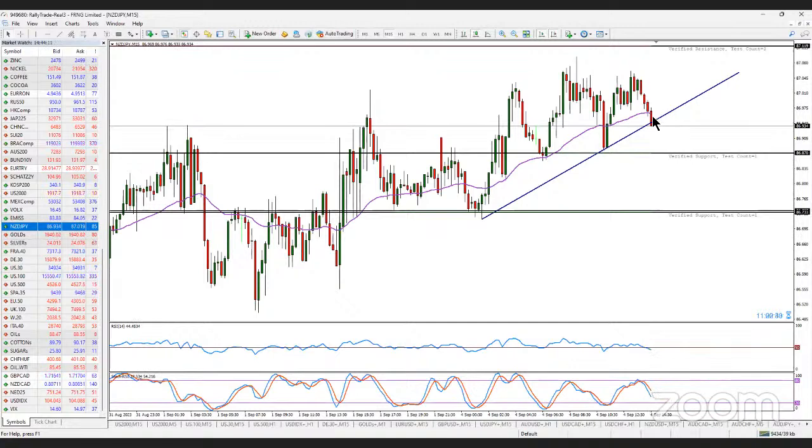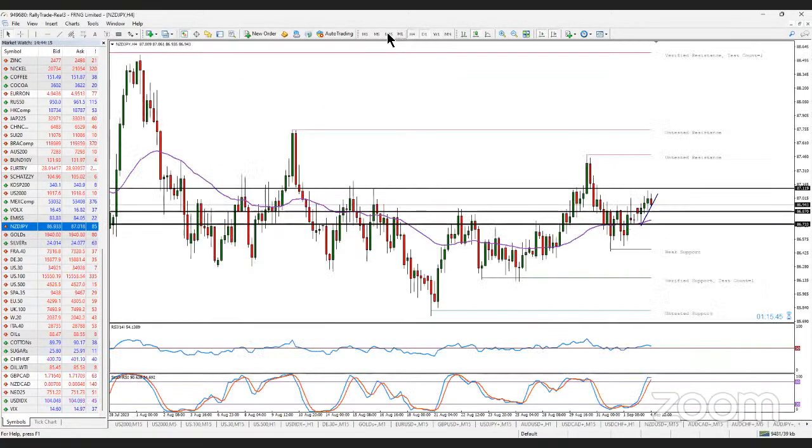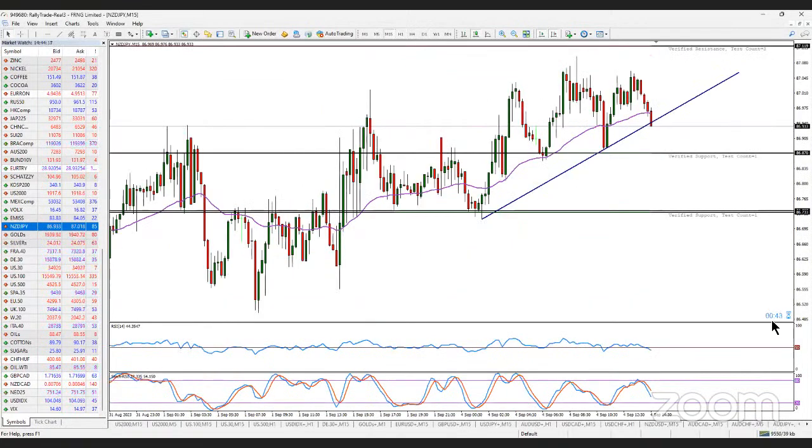This one is short. This is 15 minutes. How many minutes is it remaining for it to close? 1 minute, 40 something seconds. If this candle closes below this trend line, it's possible that it's going to get to this verified support. If it closes below this trend line, a new candle might form and get to this support.